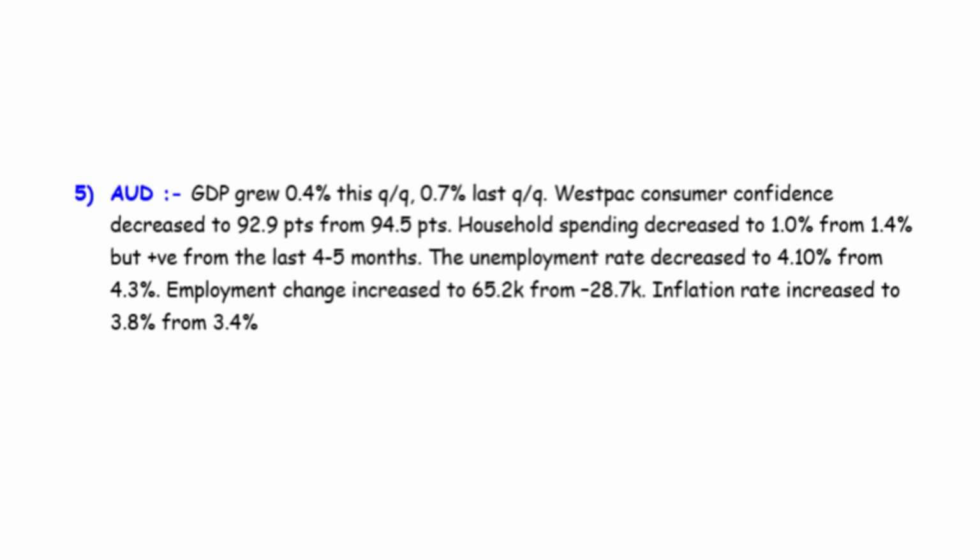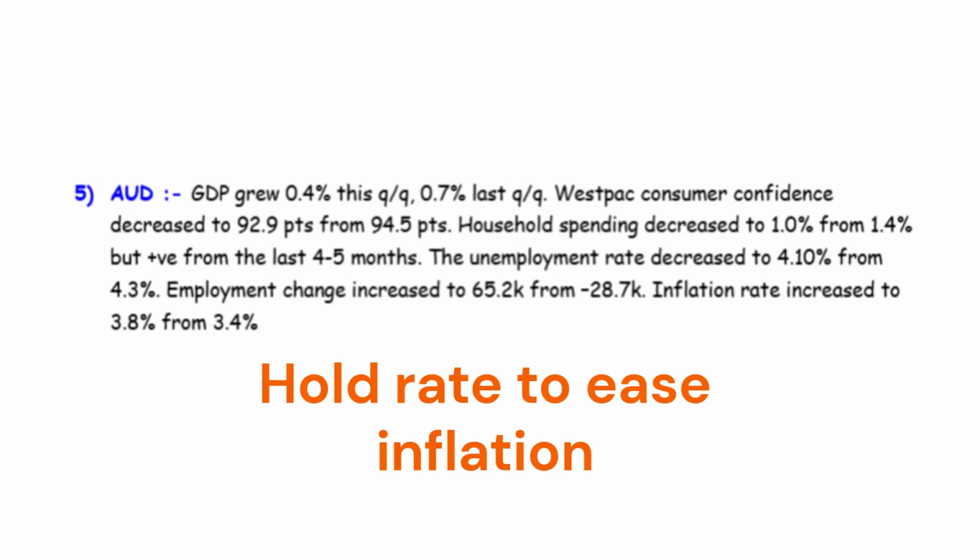The unemployment rate decreased to 4.10% from 4.3%. Employment change increased to 65.2k from negative 28.7k. Inflation rate increased to 3.8% from 3.4%. Here, Australia's central bank will hold rate to maintain the economic growth and further development.